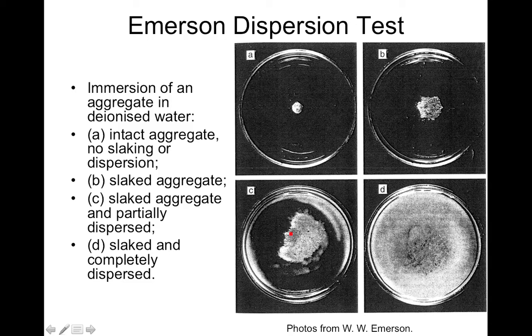The aggregate has broken down into its constituent parts, and then we're getting a cloud of suspended clay, individual clay particles in solution. And finally, the worst case scenario is a slaked and completely dispersed aggregate. The aggregate's completely broken down. There's almost nothing remaining of the original particle that's visible, and we've just got an entirely cloudy solution. So it's these soils, C and D, which are really susceptible to erosion as compared to soils A and B.